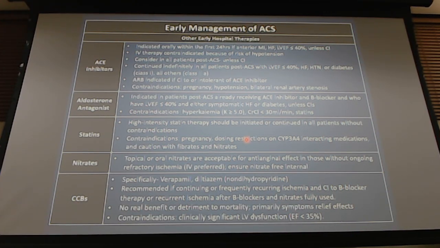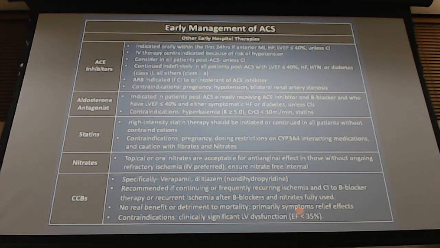So looking at things like your aldosterone antagonists, right? I need to make sure that I'm not making them more hyperkalemic. Like all the things that we've mentioned before, same thing is applying here. It's just a summary chart because these are the things that you're going to see when we're talking about ACS and trying to prevent those bigger events from happening, like looking at a STEMI or NSTEMI, okay?